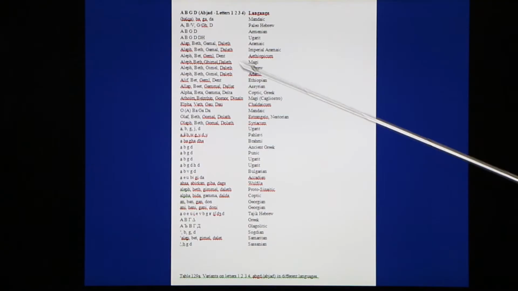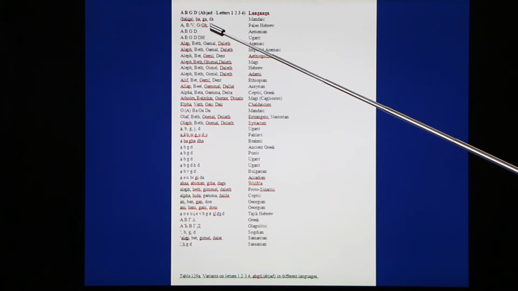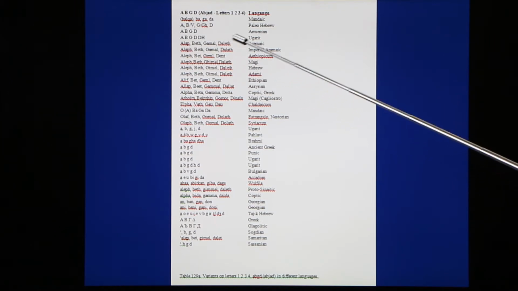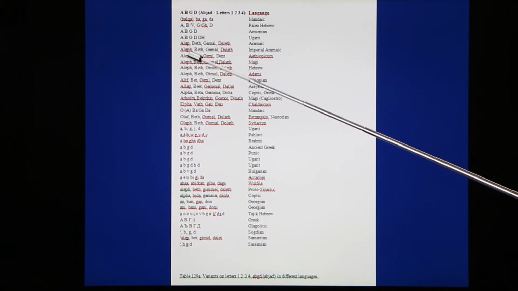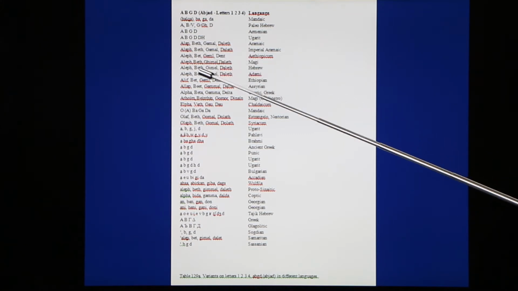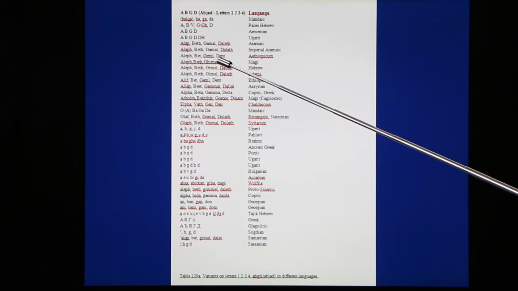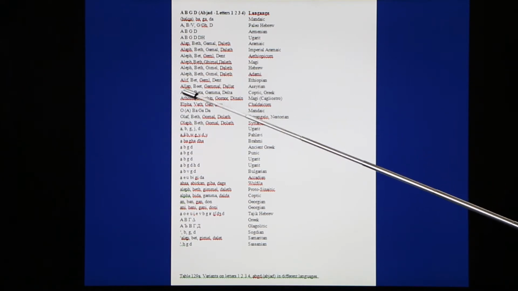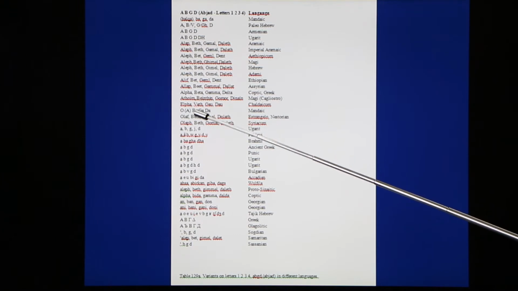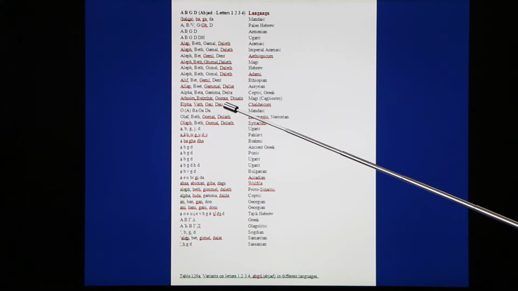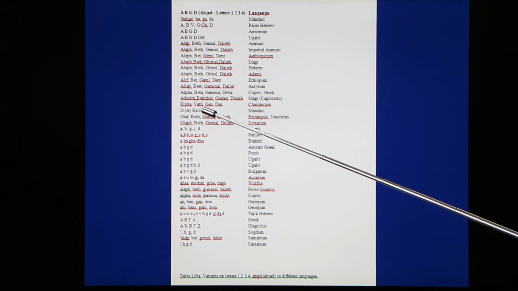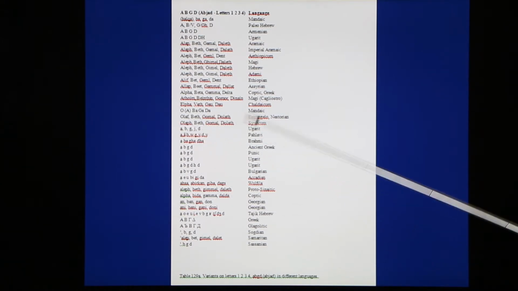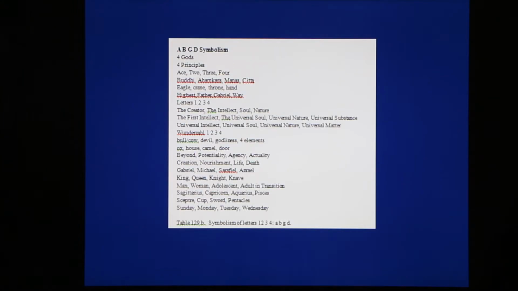So A, B, G, D gives me Halka Bagada, and I won't read them all out, but Alap Beth Gamel Dalith, Aleph Bet Gemel Dent, Aleph Bet Gimel Dalith, and so on and so forth.